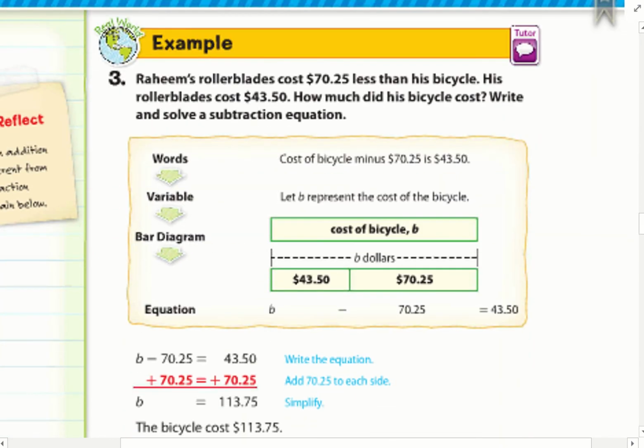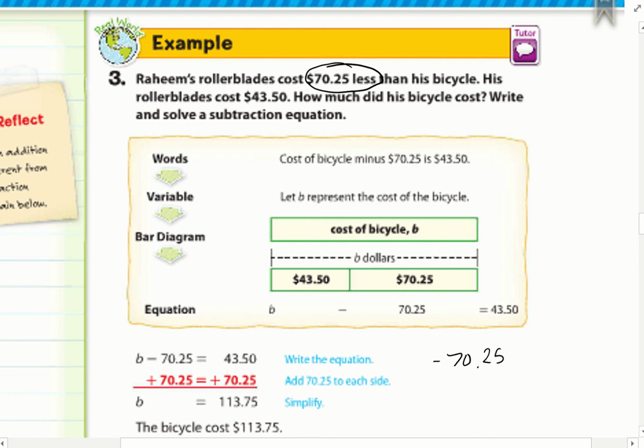Example 3. Raheem's rollerblades cost $70.25 less than his bicycle. His rollerblades cost $43.50. How much did his bicycle cost? Write and solve a subtraction equation. So we have this phrase, $70.25 less.